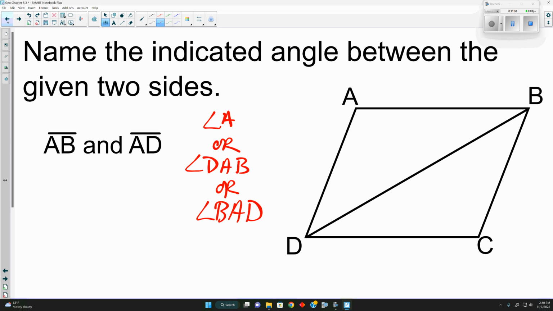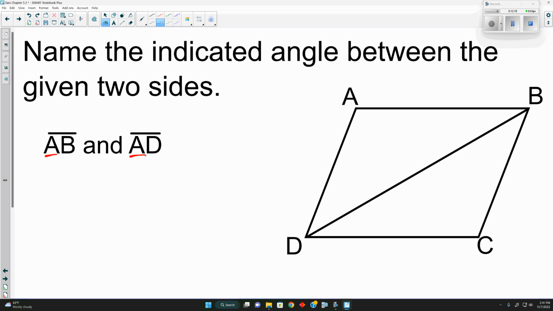So we're going to look at this one just for a second longer. When we look at this here, what is the shared letter in these two lines? A is in both, yes? So if I put those together, BA, is that the angle? Or DA, because they're put together on top of the one that they share, and this makes the angle DAB, BAD.